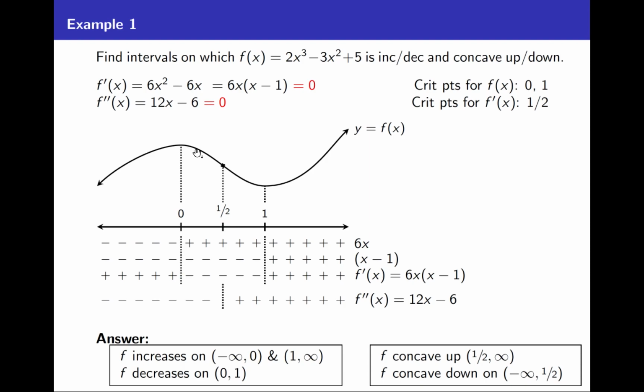And here it's decreasing and concave down. The derivative is negative, and also the second derivative is negative, and so on. Right here at x equals 1/2, that's where the concavity changes from concave down to concave up. So that's an inflection point right there, where the concavity changes.